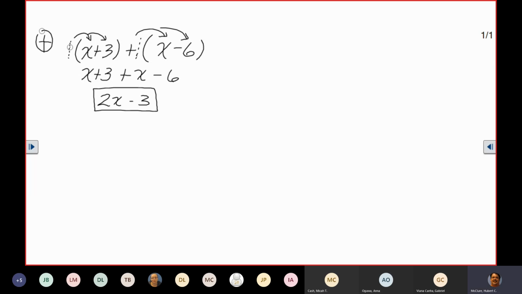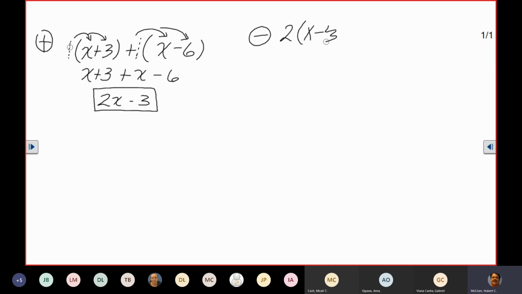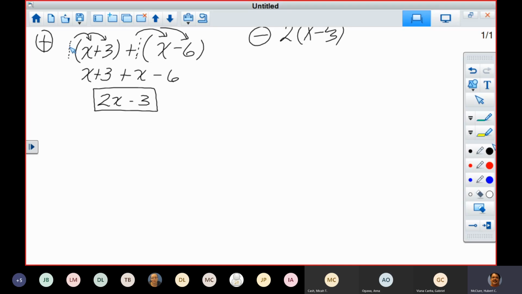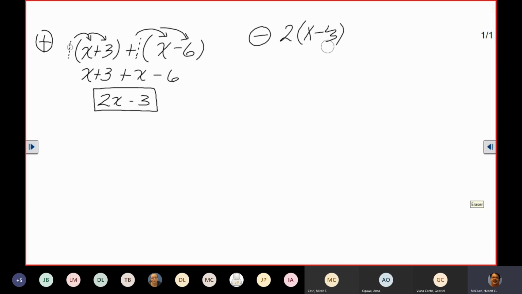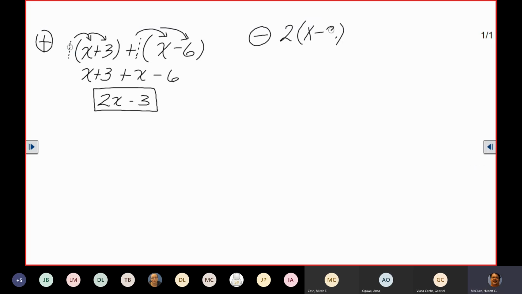You were also taught to subtract polynomials in pre-algebra, algebra 1 and algebra 2. 2 times x minus 3, sorry, that's awful. 2 times x minus 3 minus 1, or minus 3 times 2x minus 1.